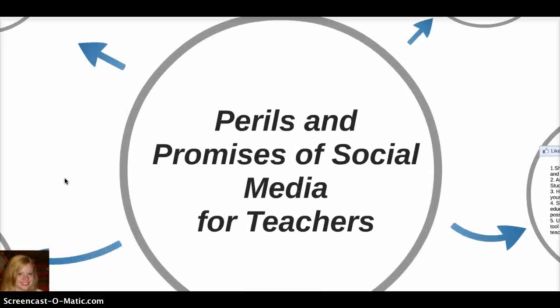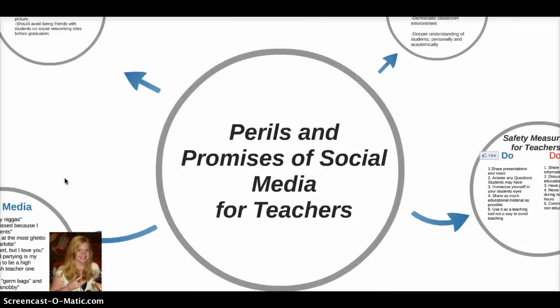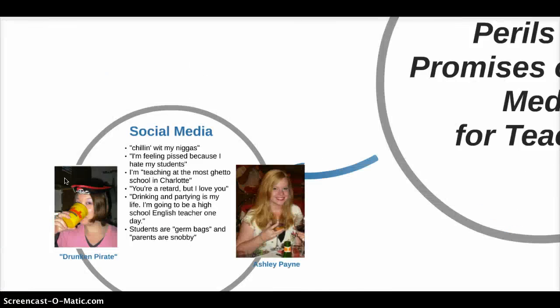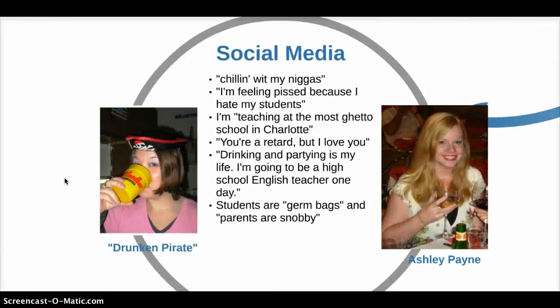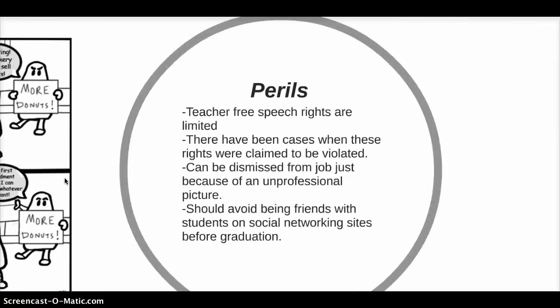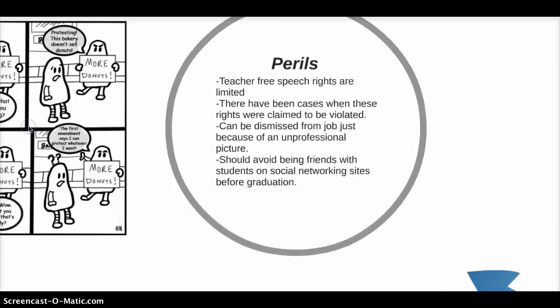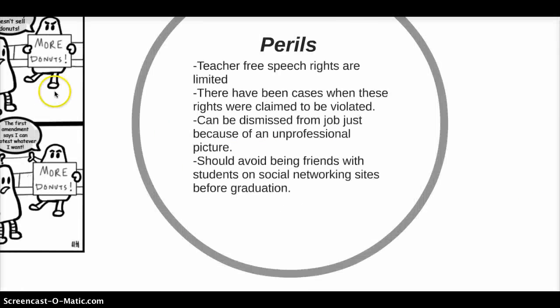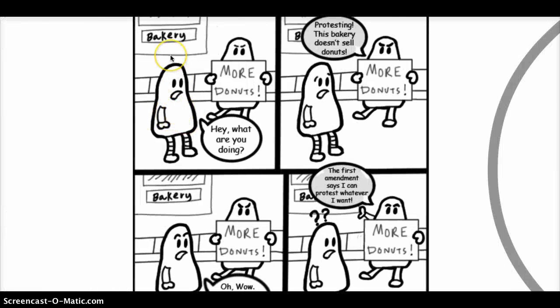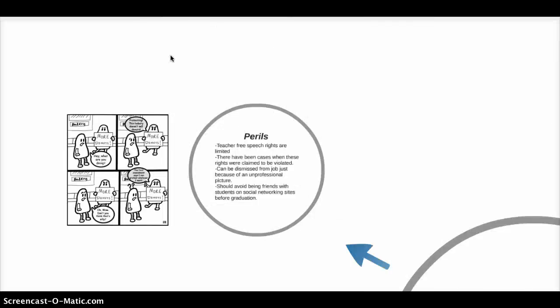The Prezi starts off and it'll zoom in to whatever slide you're going to. So, perils and promises of social media for teachers. And then we move along down to the first one. This is what we talked about, as well as moving up here to what the perils are. We can add pictures over here. And so you see the pictures, comics. You can get your students really interested in the presentation itself.